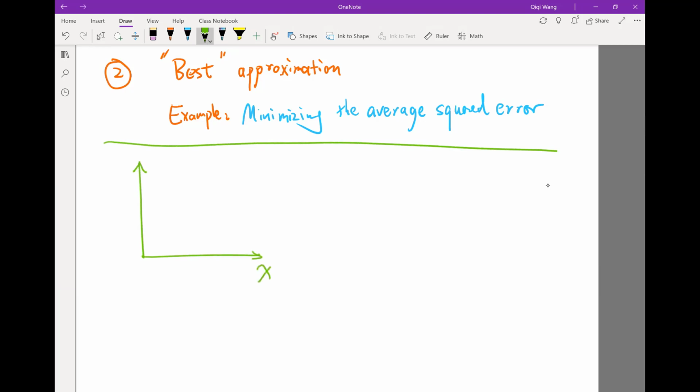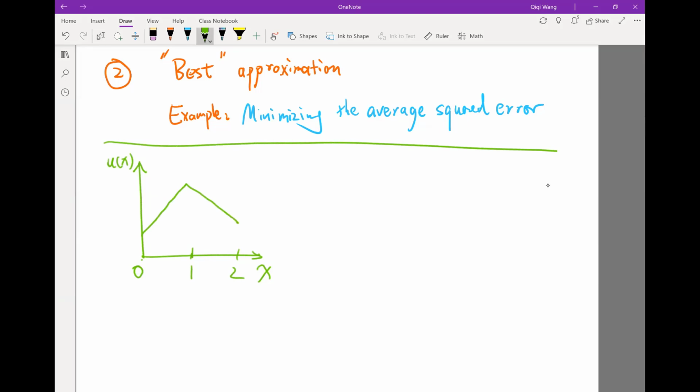We have x, and a function u of x. I have two elements, from 0 to 1 and from 1 to 2. And I have constrained myself to a continuous and piecewise linear function.